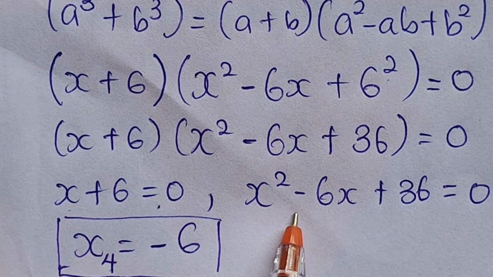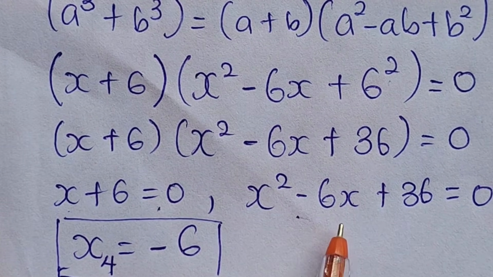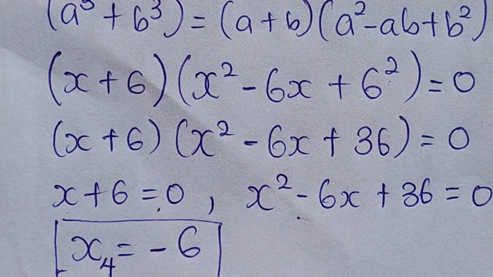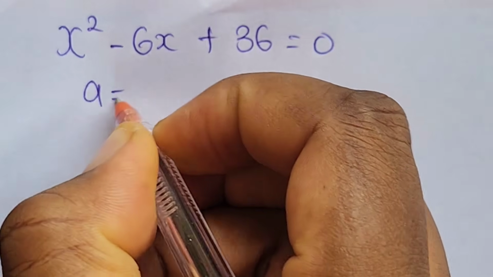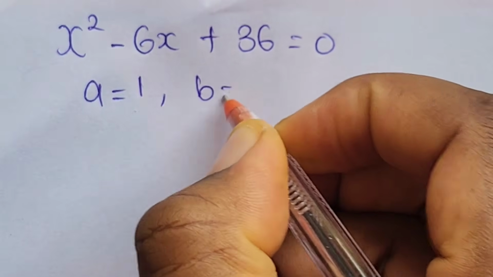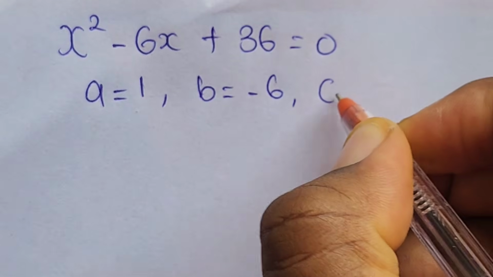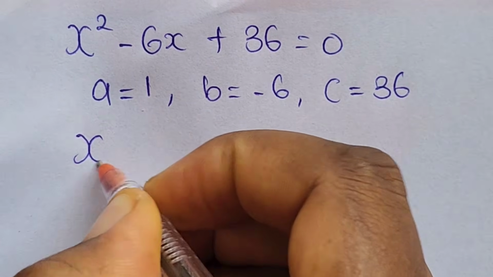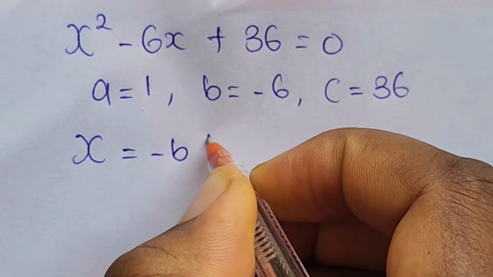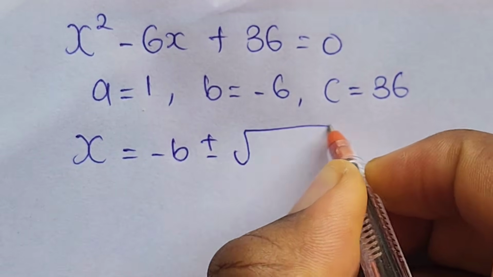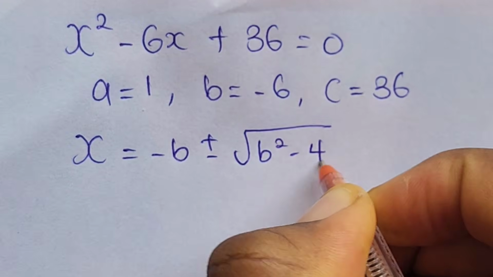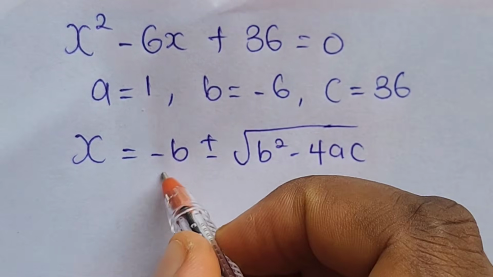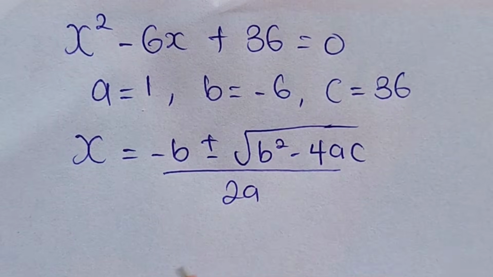So we'll be solving this quadratic equation to get the remaining two solutions. From here, we have a equal to 1, b is equal to minus 6, and c is equal to 36. And our x is equal to minus b plus or minus root of b squared minus 4ac, all over 2a.